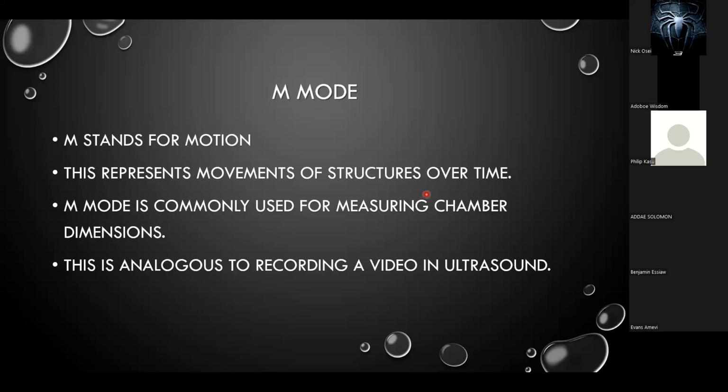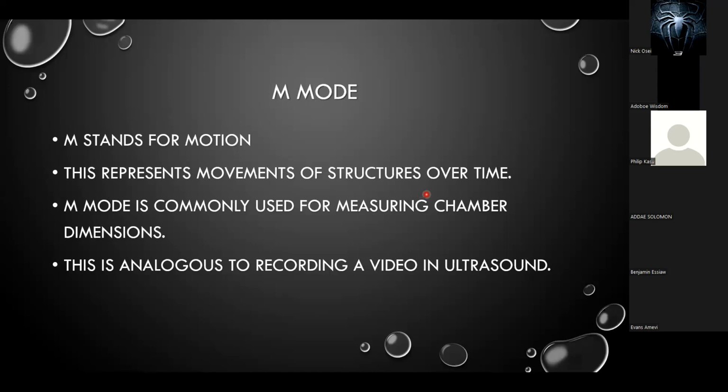Now M mode. So M stands for motion. This represents movement of structures over time. M mode is commonly used for measuring chamber dimensions, and it's also applicable in the same echo. Okay, and it looks just like recording a video in ultrasound.